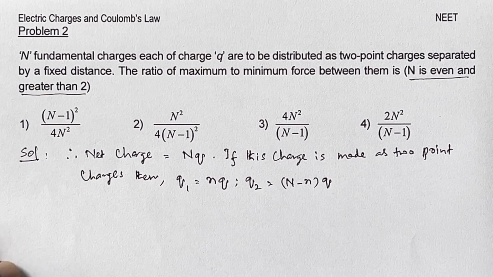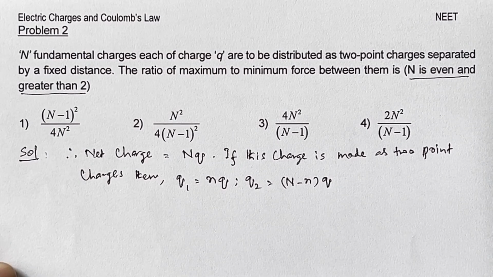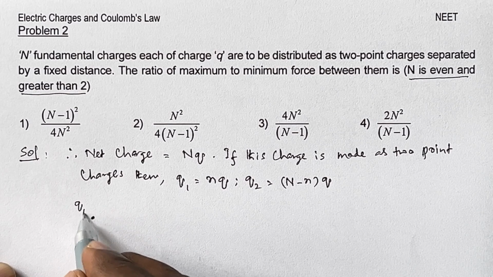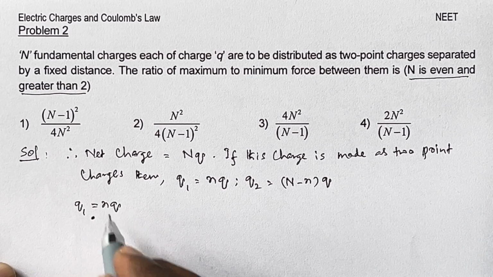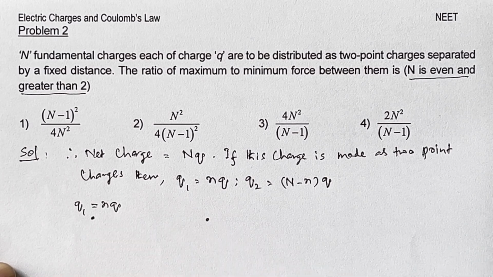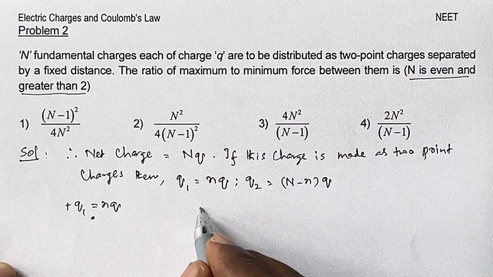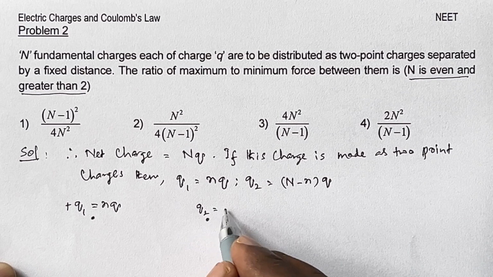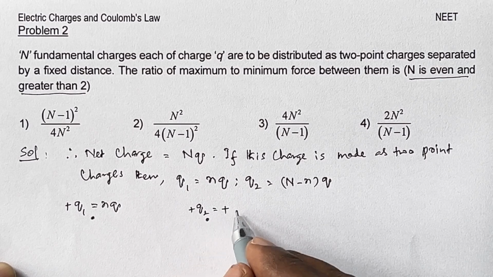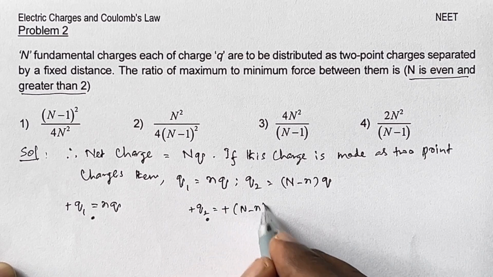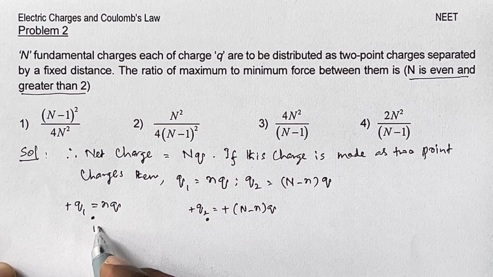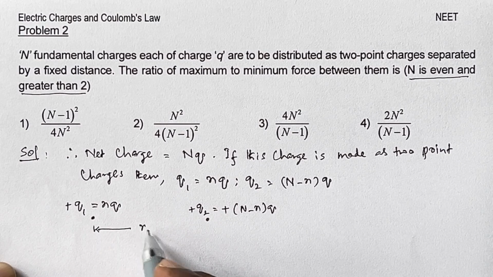So two charges. Now what is given in the problem? One charge Q1 is equal to nQ and the other charge, both are similar charges, so we can take it as plus. So Q2 is equal to plus N minus n into Q. These two are fixed at some distance r.